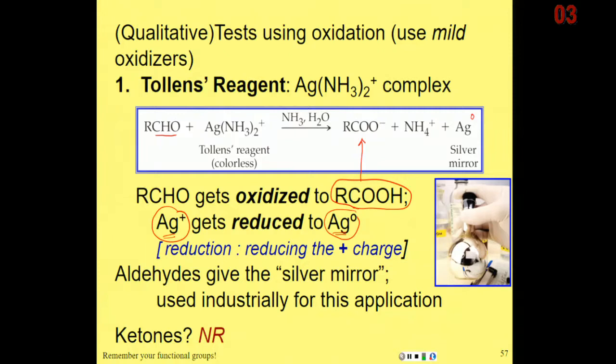And so reducing the positive charge is a nice way of thinking about reduction in this context. The nice shiny silver surface on the glassware tells you that you have an aldehyde present, and it's literally the method used industrially to make silver mirrors. If you had a ketone in your solution, you will get no mirror whatsoever because it doesn't oxidize. So there's one example of a nice qualitative test using the oxidation characteristic of an aldehyde.